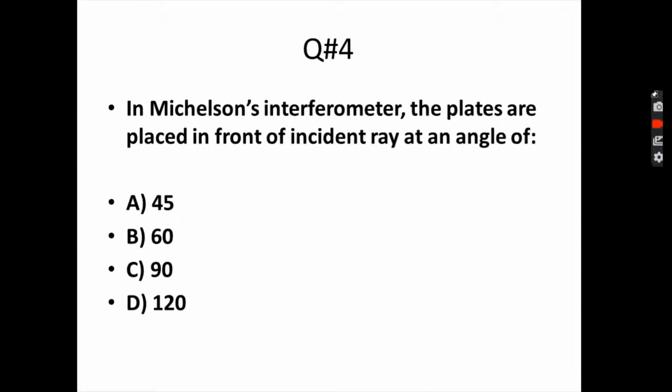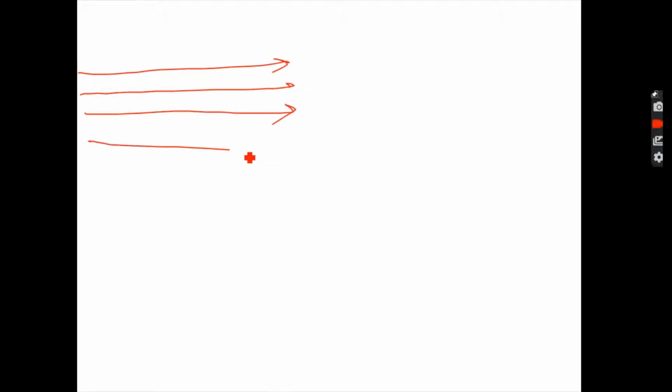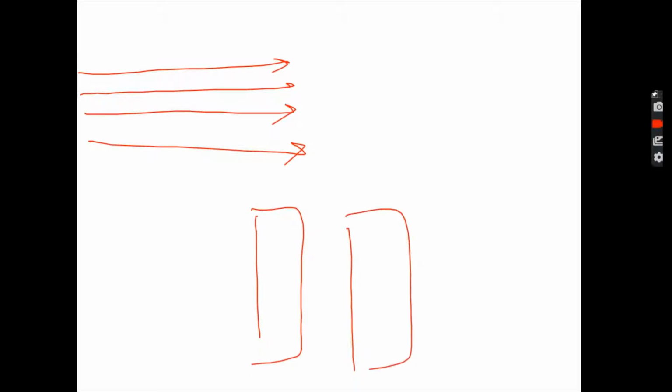In Michelson interferometer, the plates are placed in front of incident ray at an angle of 45, 60, 90, 120. Let's suppose lights are coming from that direction. These are the mirrors.